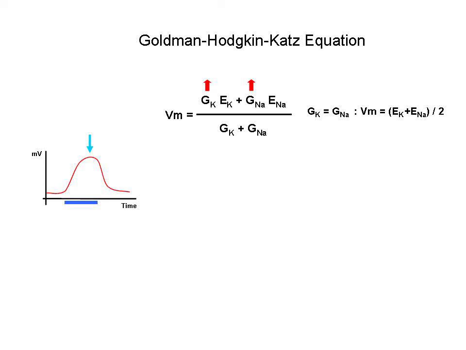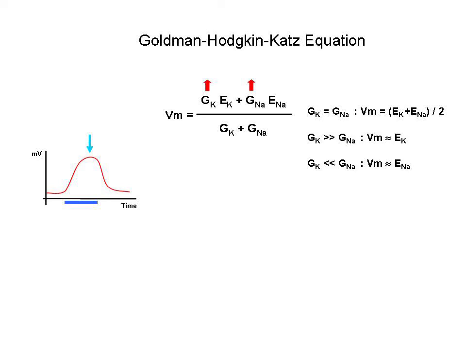When you actually calculate the real values, EK is minus 80, E sodium is around plus 60, which makes minus 20 divided by 2, minus 10. So the membrane potential should be something close to minus 10-ish millivolts if the sodium and potassium conductances are exactly the same.